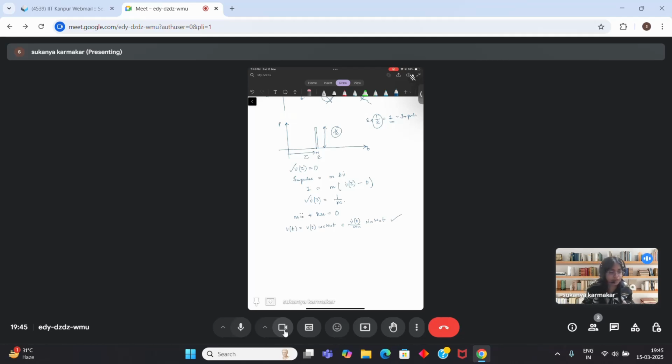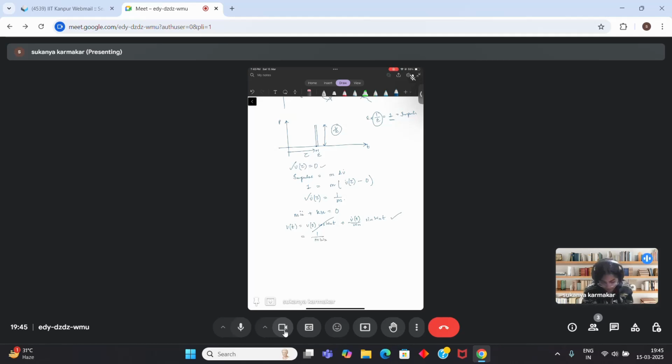Now just substitute the initial conditions here. U of 0 is 0, so this term goes away. U dot 0, here 0 refers to the time tau, because at that time tau only the impulse is acting. So u dot 0 is 1 by m.